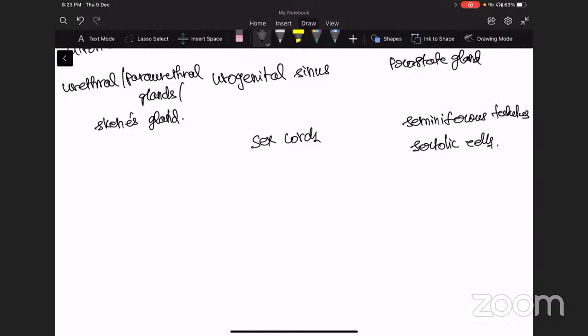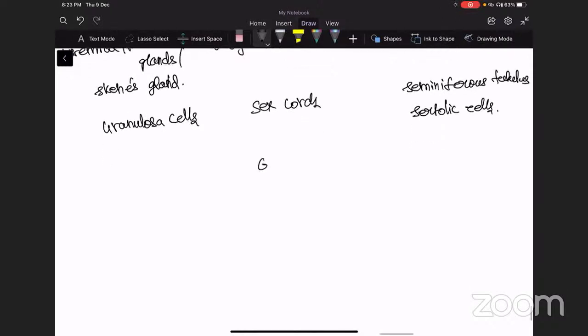Sex cords are homologous for granulosa cells in females. Gubernaculum testis in males, and round ligament in females.